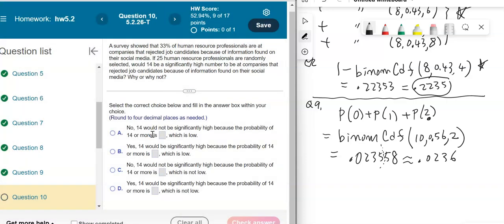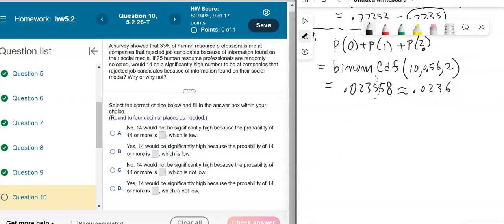Question number 10. A survey says 33% are professional. If 25 are randomly studied, will 14 be a significantly high number? Now, if you look, I believe it is in the textbook.